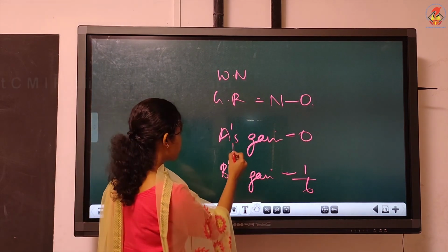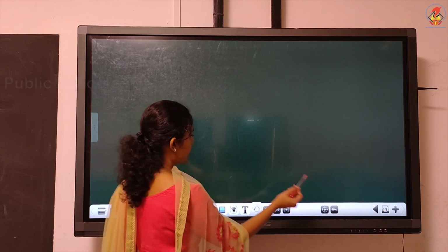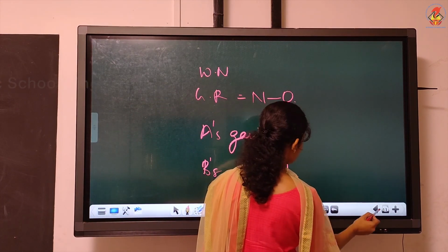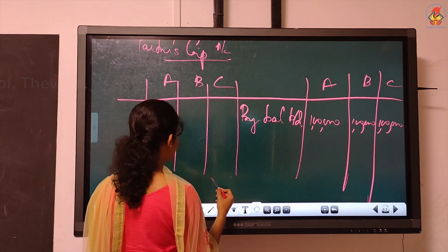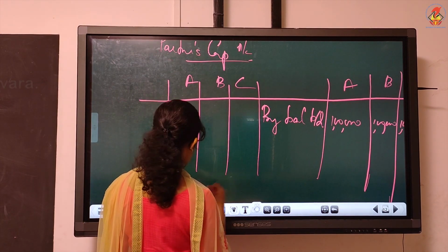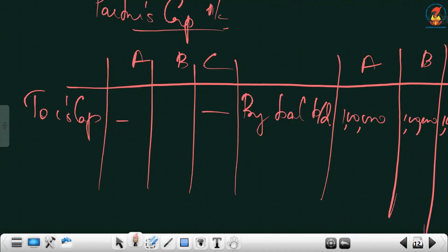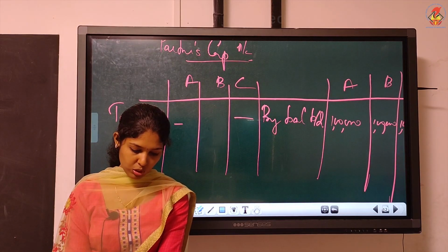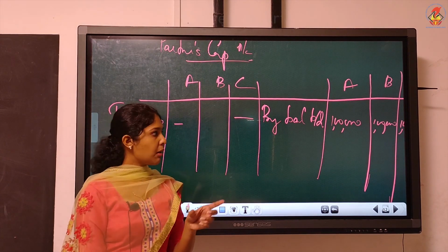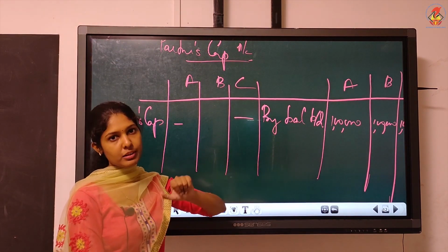So now we will do the posting. B's capital debtor to C's capital. So we will write "To C's capital," and then in B's column you must write the amount. And what will be the amount? Can we directly take the goodwill of the firm? No. Out of 1,50,000 you must compute the retiring partner's share.